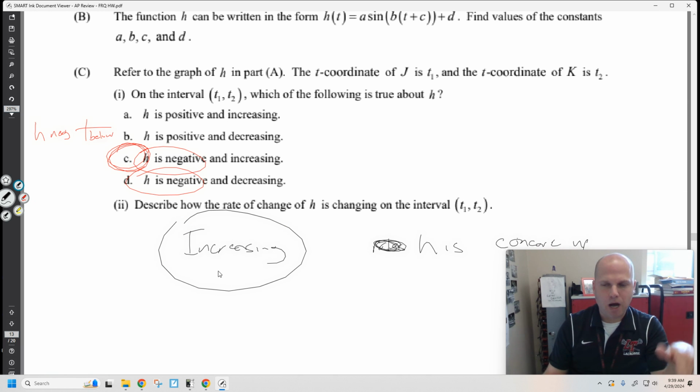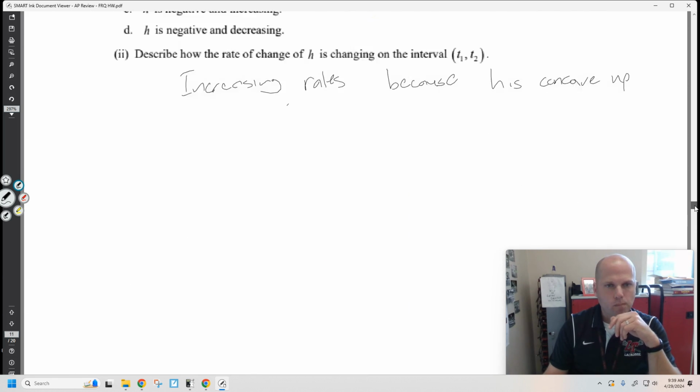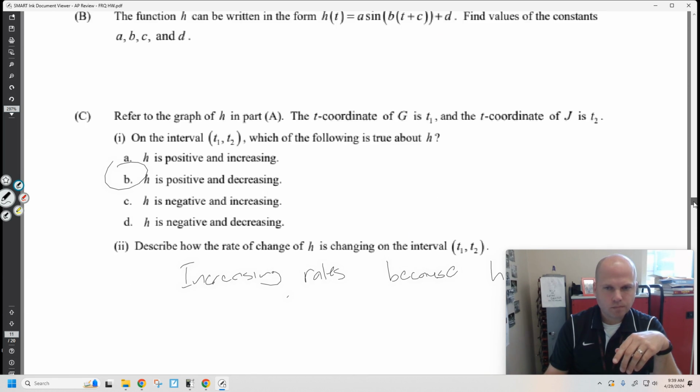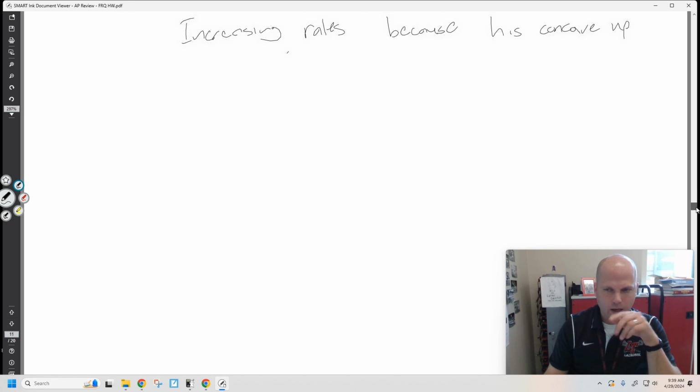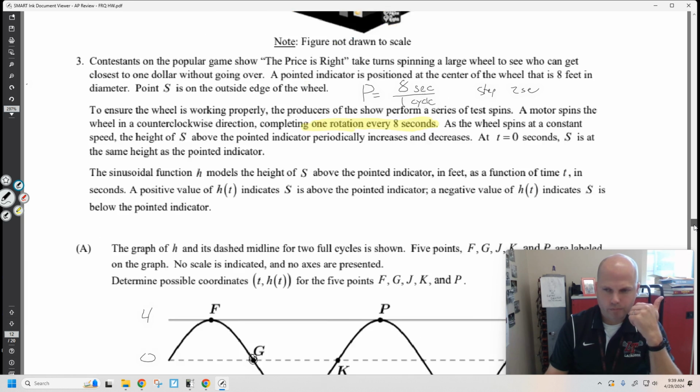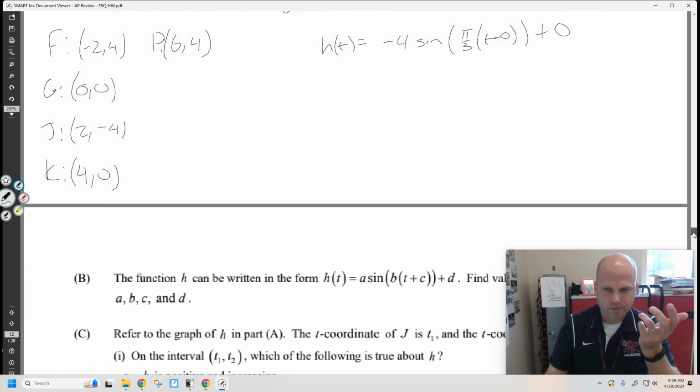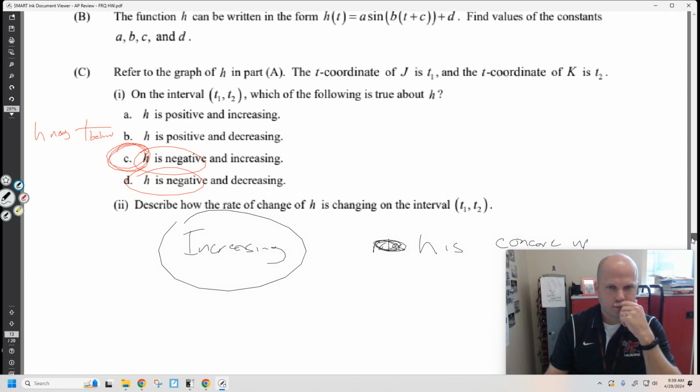The rates of change are positive and increasing. The rates of change are negative and increasing. I don't think they want that. Negative or positive, just how are they changing?